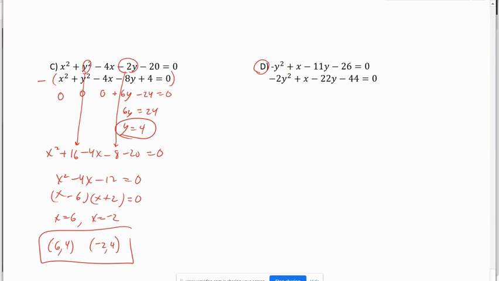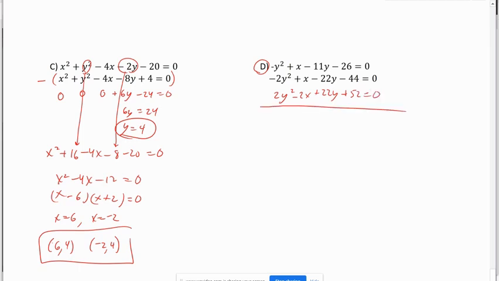So for this one, we may be able to use the elimination method as well. Let's see. If we multiply the top equation by negative 2, we would have 2y squared minus 2x plus 22y plus 52 equals 0.